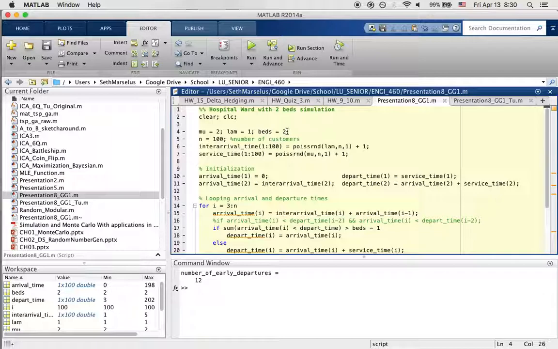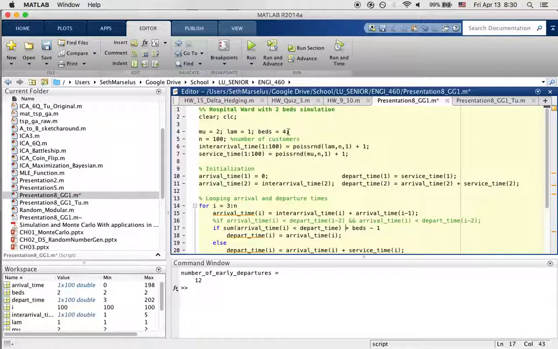And in this case, we can also increase the number of beds. How this works is it's a conditional statement, seeing if the time of arrival compared to all the other departure times is greater than the number of beds minus 1. So if there's an extra bed available that they can be serviced in.